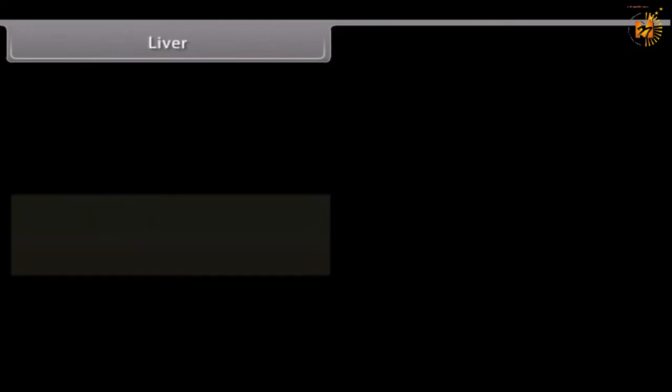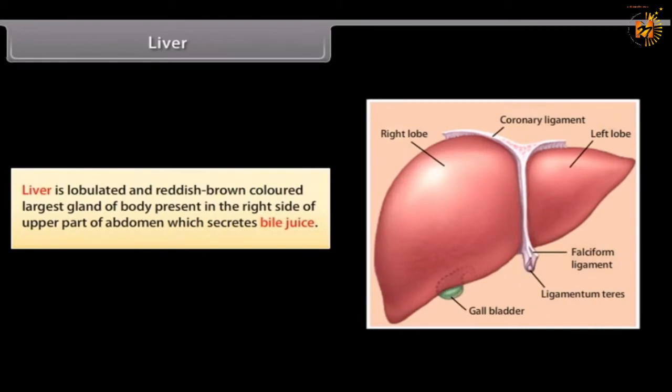Liver. Liver is lobulated and reddish-brown colored largest gland of body present in the right side of upper part of abdomen which secretes bile juice. Pancreas.